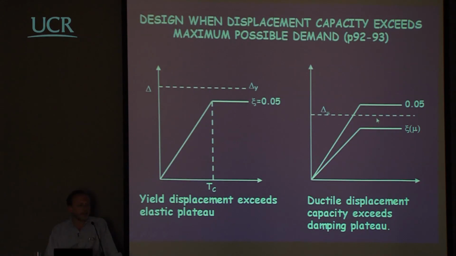What should happen here is that you are making two assumptions that are not consistent between them. You are assuming to go to a certain displacement, and you are assuming to have a certain level of dissipation of energy.